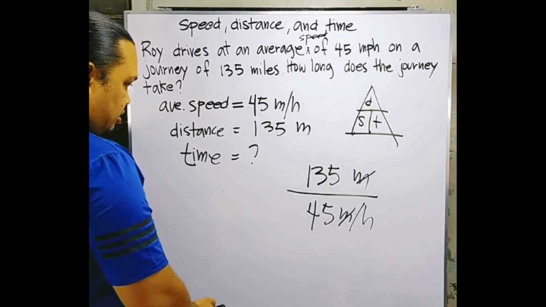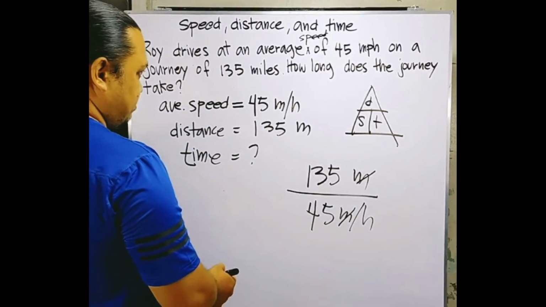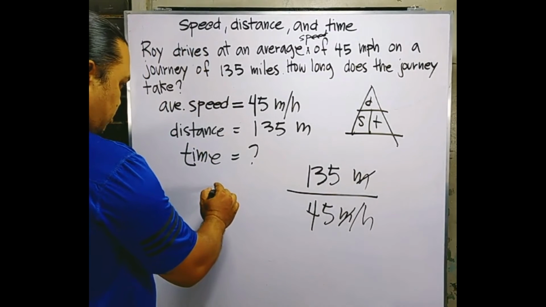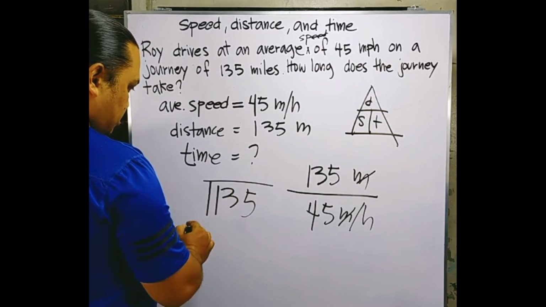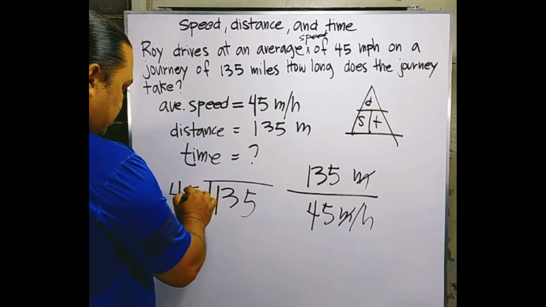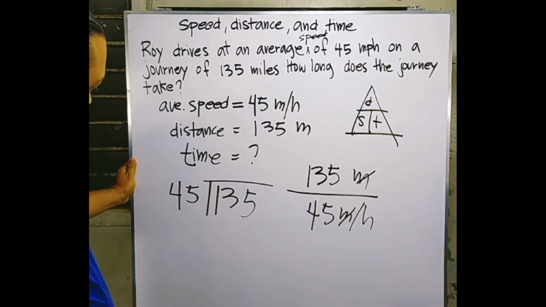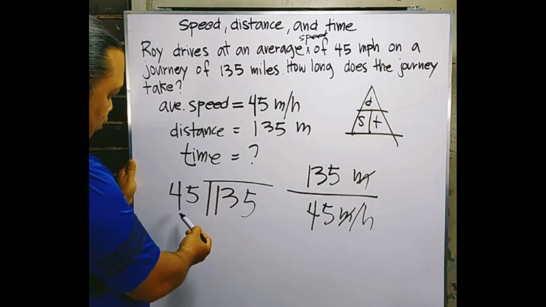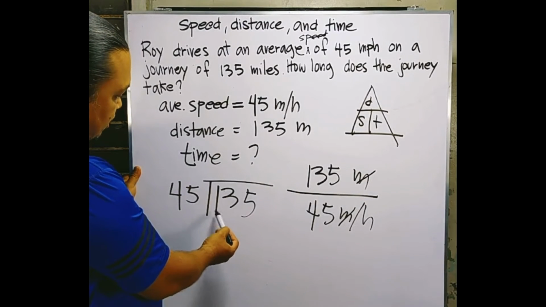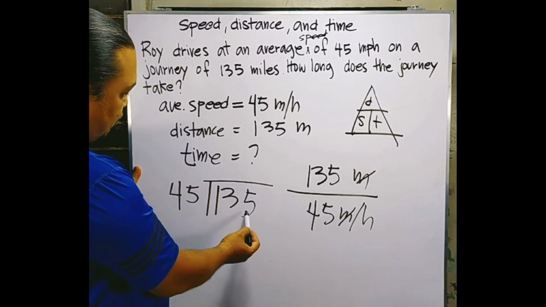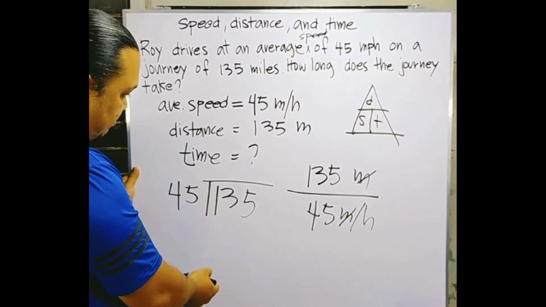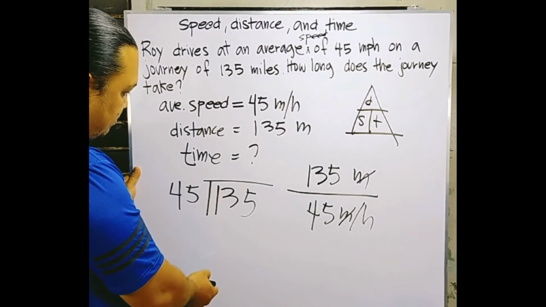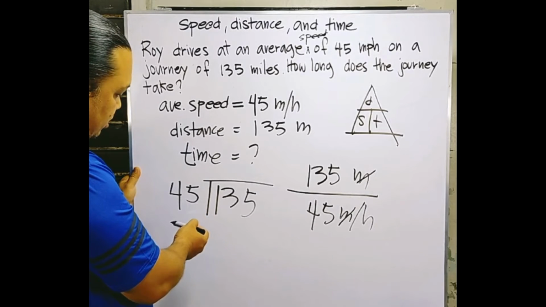But first, let's divide 135 by 45. If you start from the two digits, this cannot be, so we have to divide them within the three digits. If you take 2, 2 times 45 would be 90.